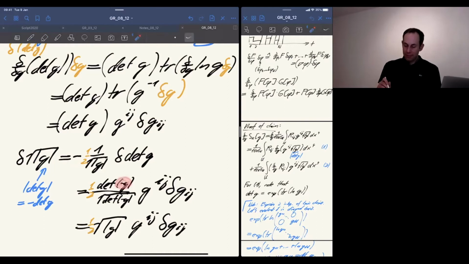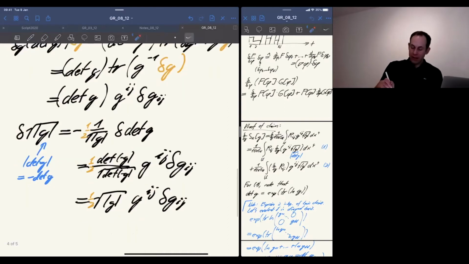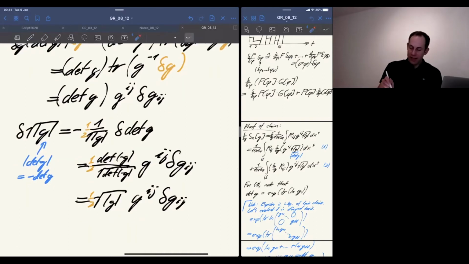And then I just remind you that the determinant of minus g is equivalent to just the absolute value of g, because the determinant of the metric has a negative sign in a Lorentzian manifold in space-time, and therefore we indeed arrive here at this expression without the sign.